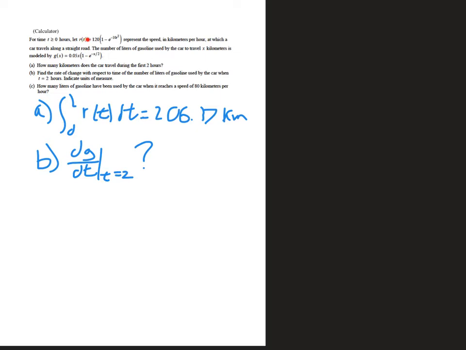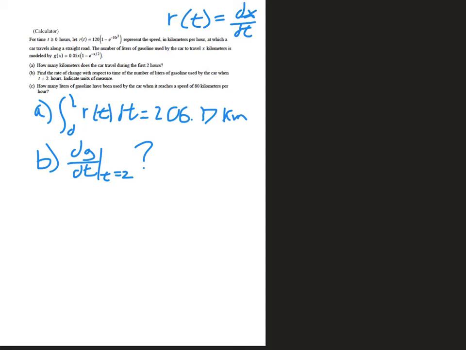This r of t is the rate of change of kilometers per hour. It's really dx dt, because x represents kilometers in the equation g. So r of t is really dx dt.